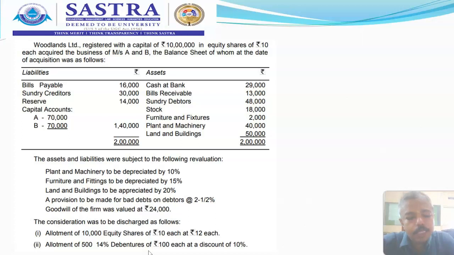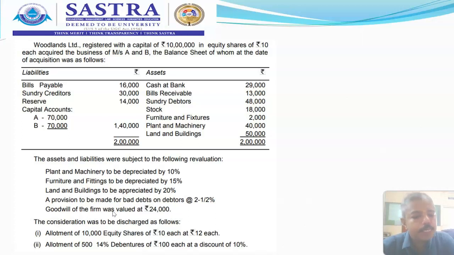Now the purchase consideration was to be discharged in three ways. One is allotment of 10,000 equity shares of rupees 10 each at rupees 12 each, then the allotment of 500 14% debentures of rupees 100 each at a discount of 10%.